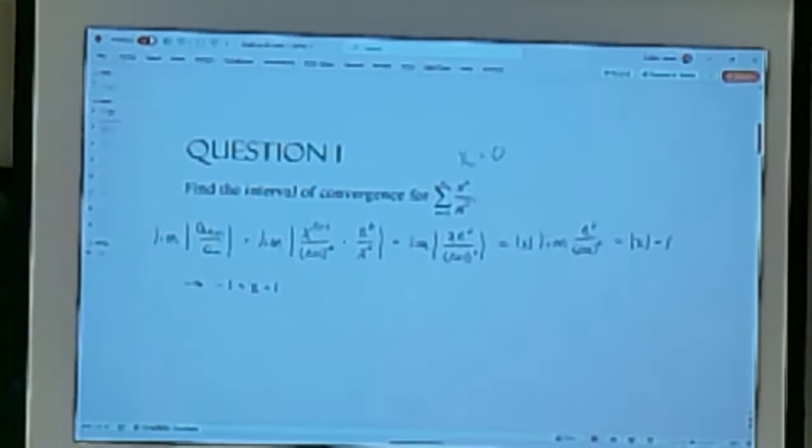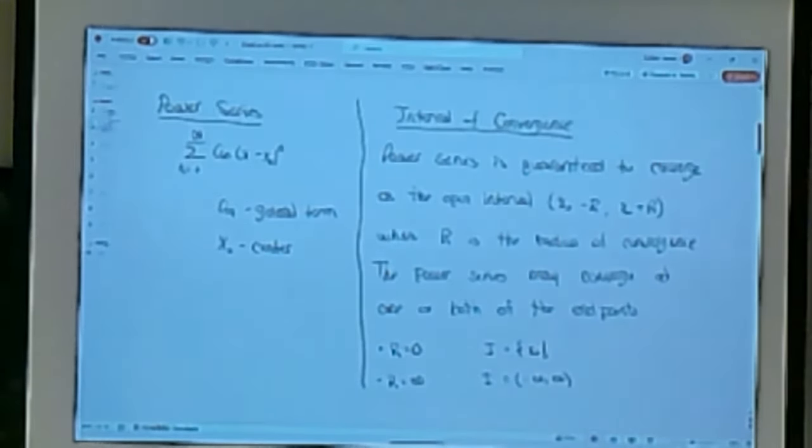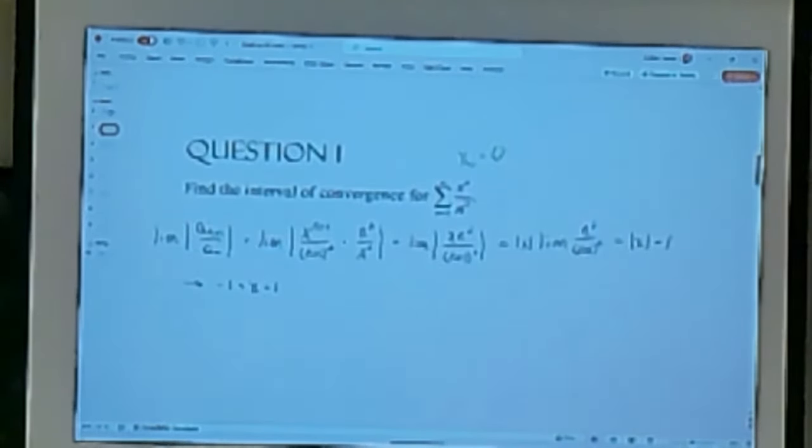We have x minus x naught to the nth power, and we just have x to the n, so that's x minus 0. So x naught is 0. That is not enough to make a conclusion about the radius just yet, but keep that in the back of your mind. The limit here is 1 and our radius was 1.